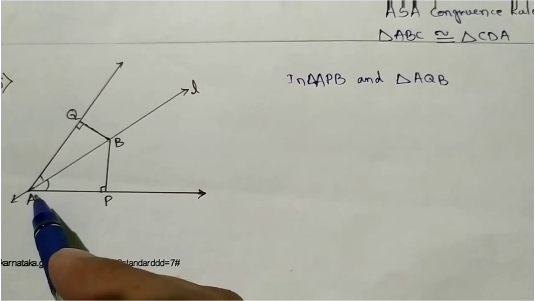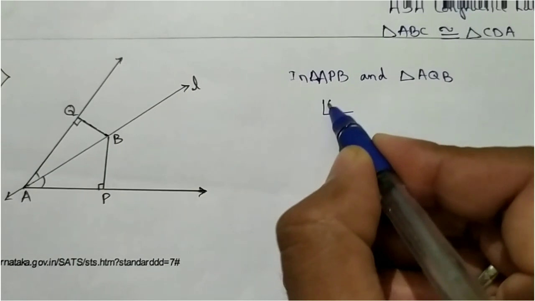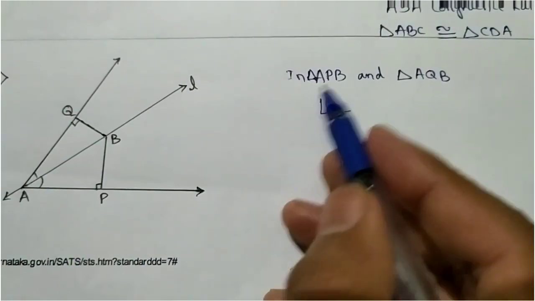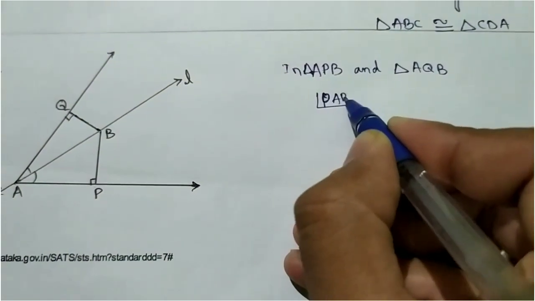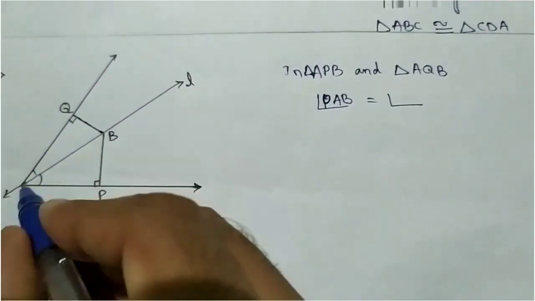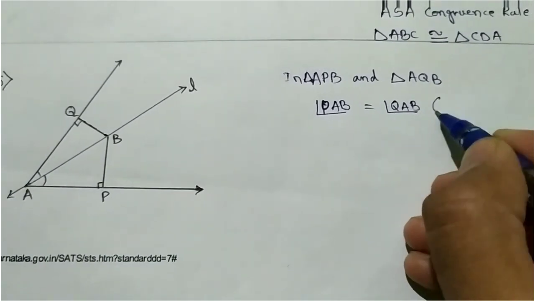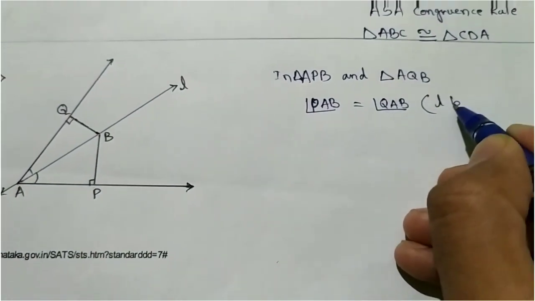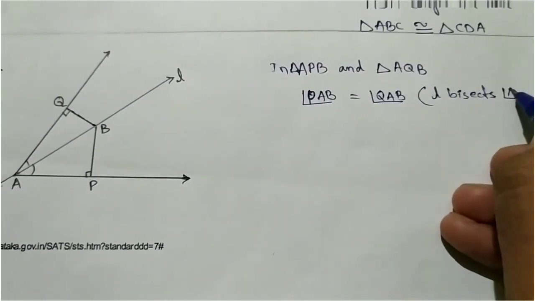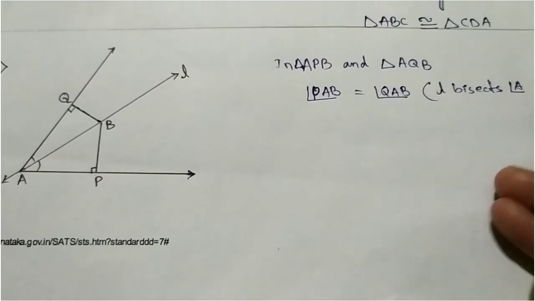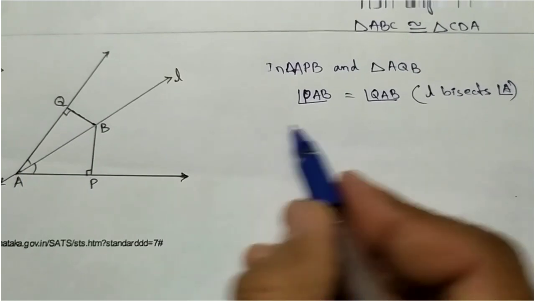L is bisecting the angle A. So if it bisects, then we will get PAB equal to QAB, because L bisects angle A. Angle A is bisected by L, it means it gives two equal parts.